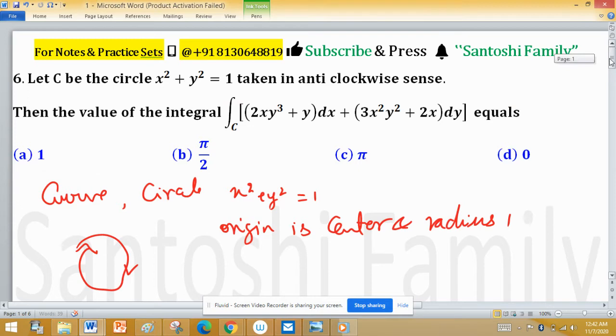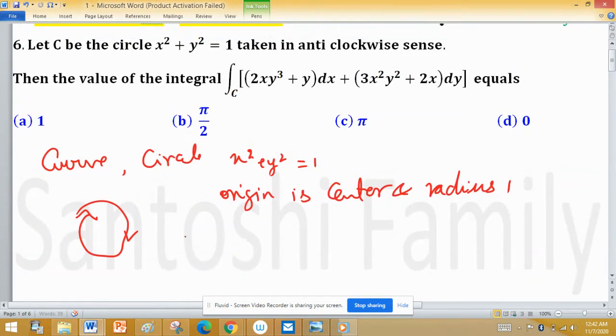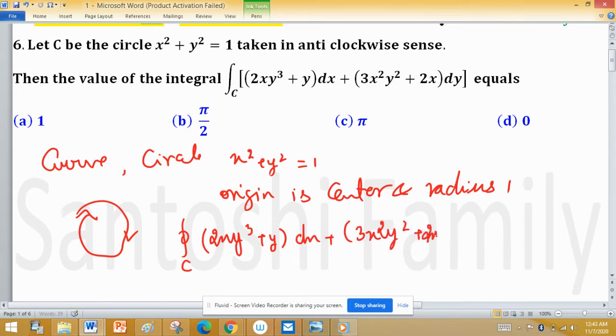Now this line integral over C of (2xy cube plus y) dx plus (3x square y square plus 2x) dy.